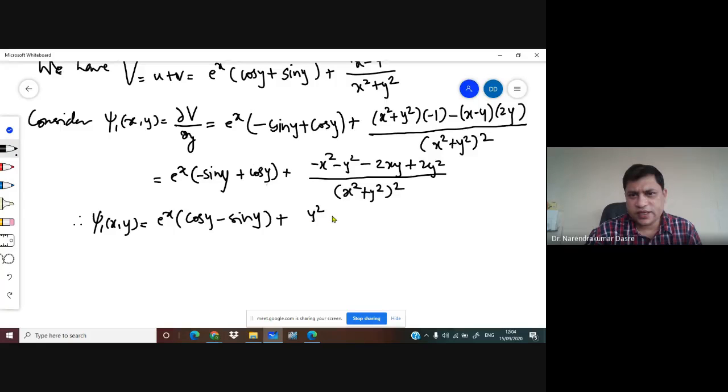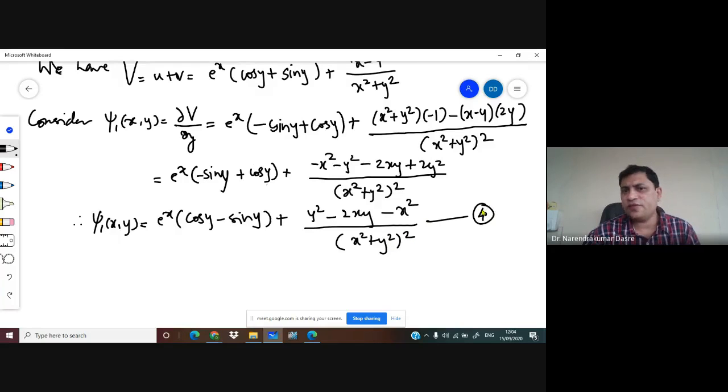So this is y square minus 2xy minus x square upon (x square plus y square) whole square. So let this be the next equation. Okay, remember that this is not a perfect square because we have minus x square here. If it would have been plus x square, then it would have been a perfect square. So it is not here.